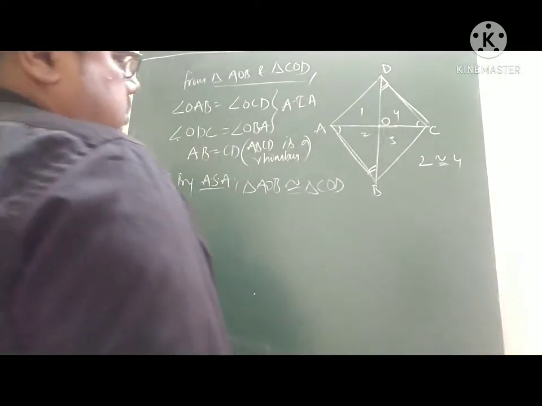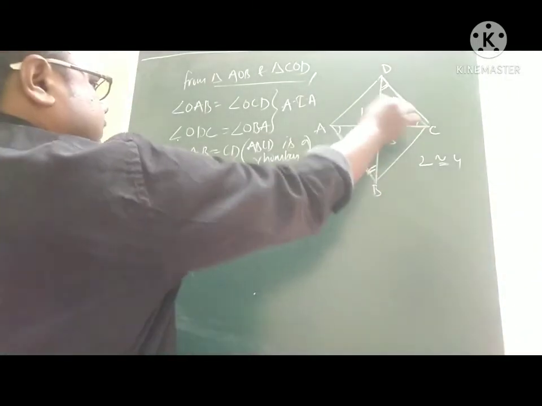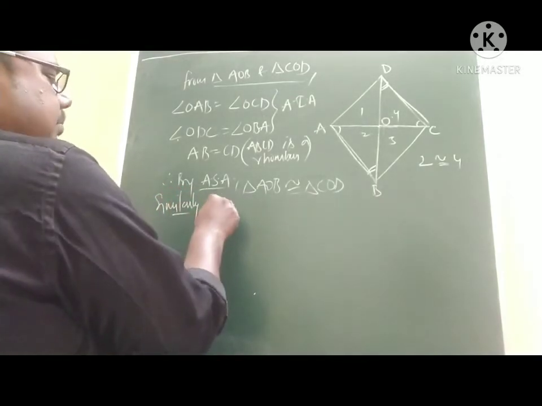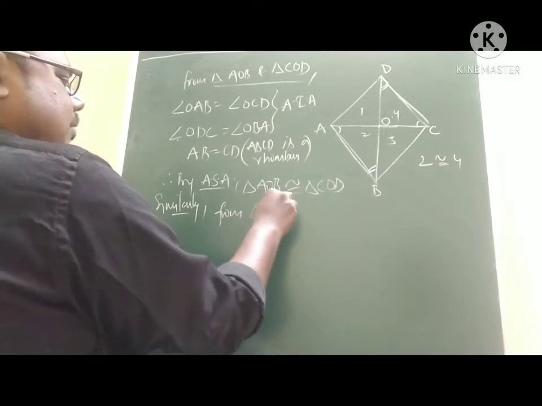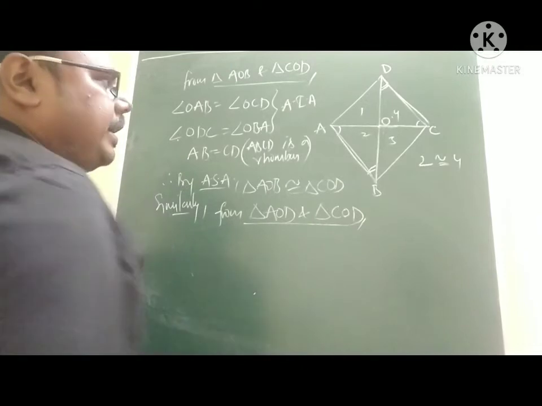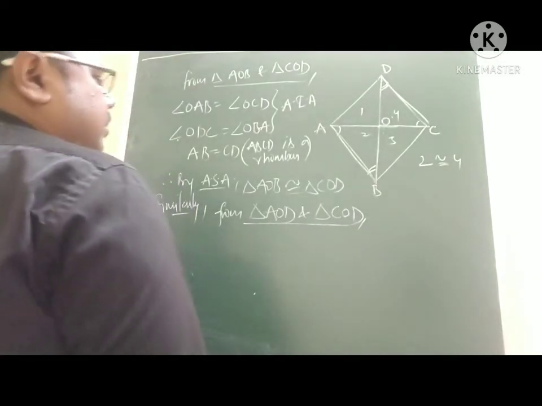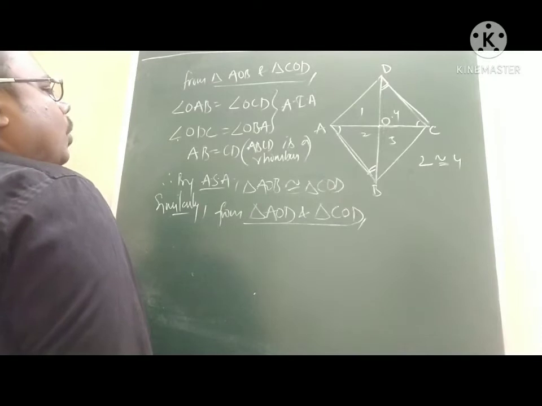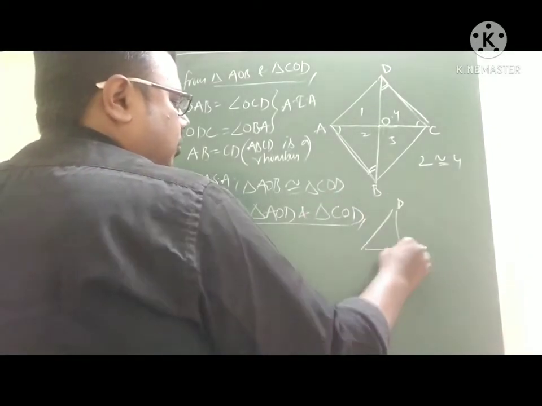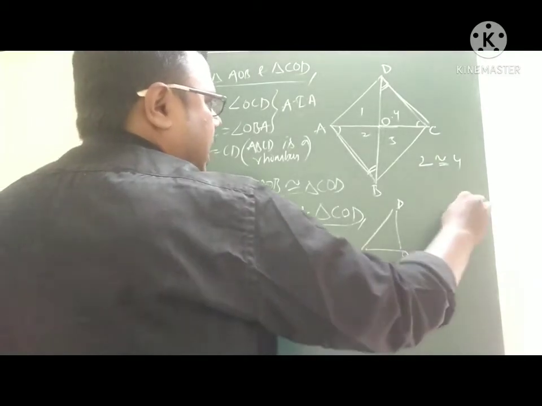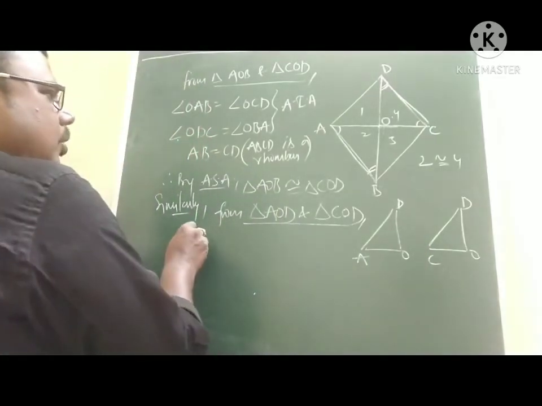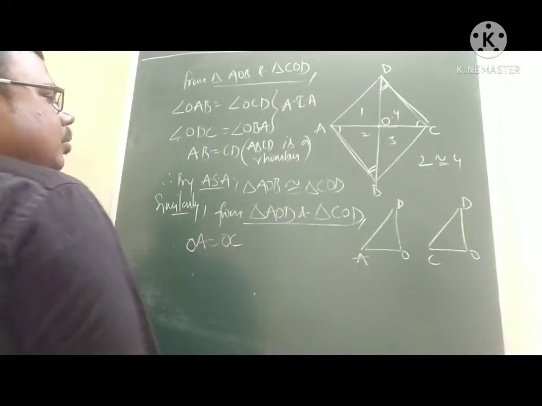Now let me take 1 and 4. Similarly, from triangle AOD and triangle COD, let me draw the rough diagram so that you will get more clarity. DOA and DOC. So here OA is equal to OC.